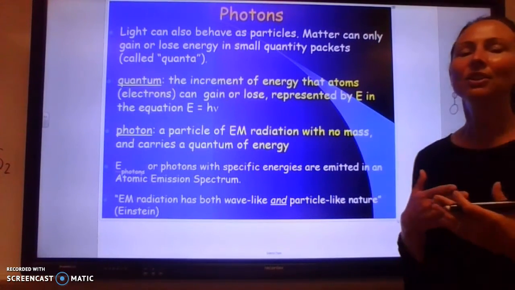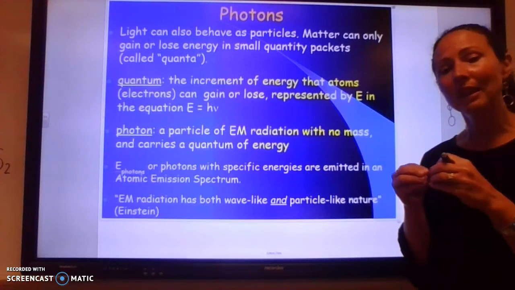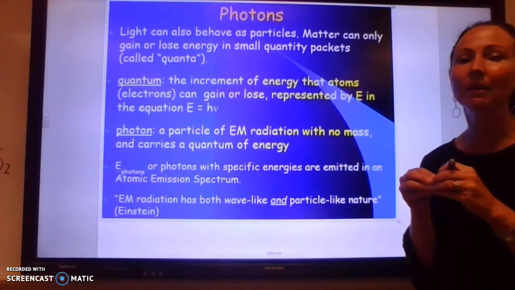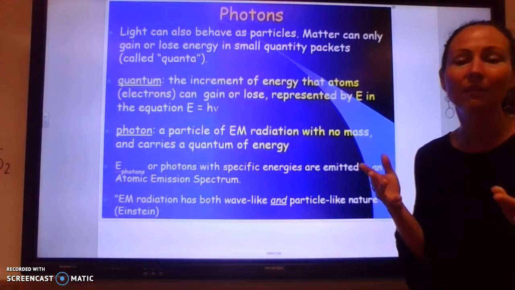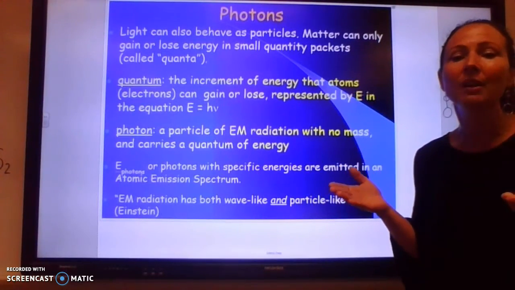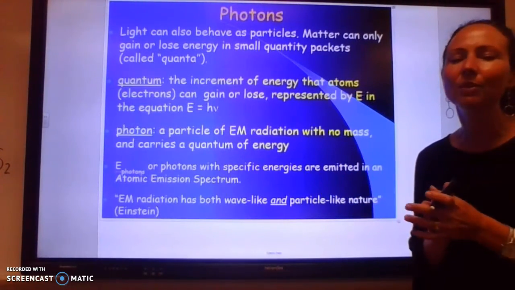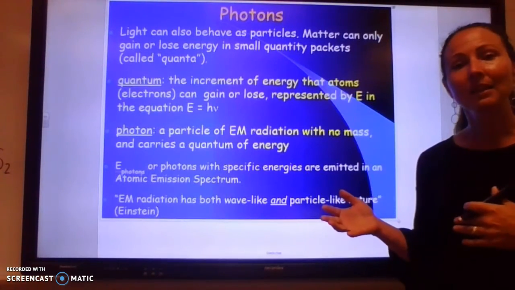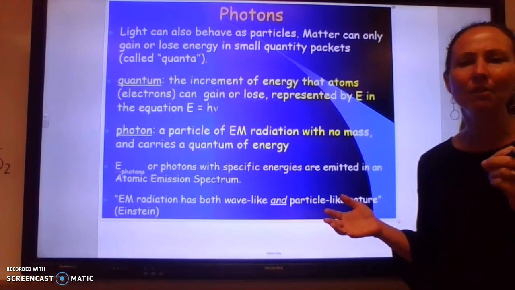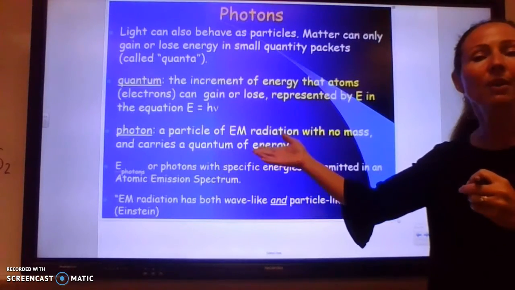Scientists pretty much equate photons with electrons because remember how we talked about electrons having like 1/2000th of the mass of a proton or neutron? They're so light, they virtually have no mass, but it can't be matter if it doesn't have mass. So it has just a really minute amount of mass. Same thing with a photon.